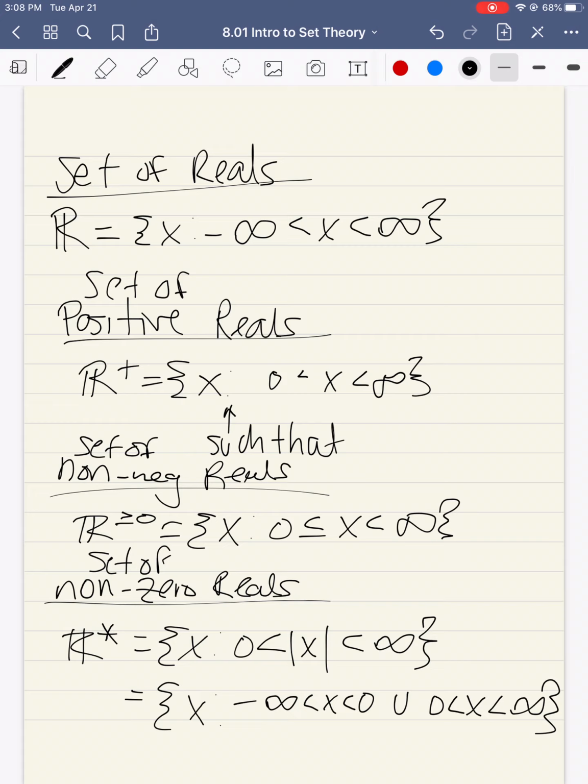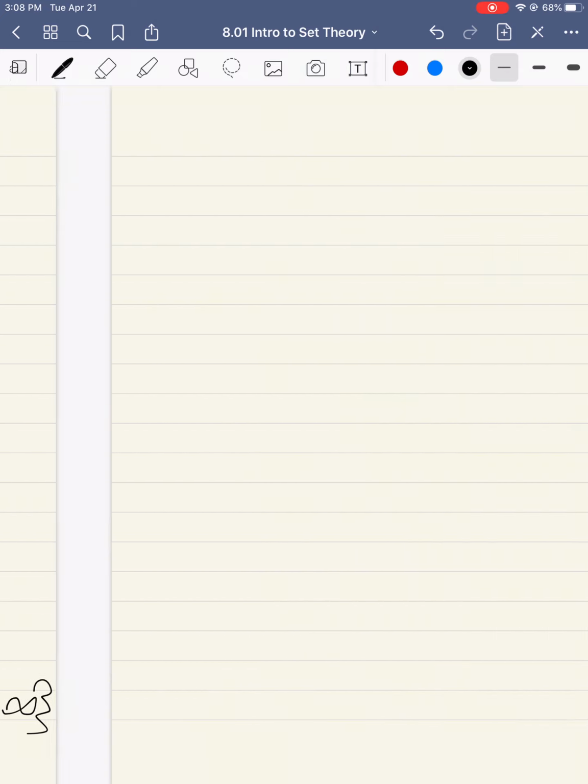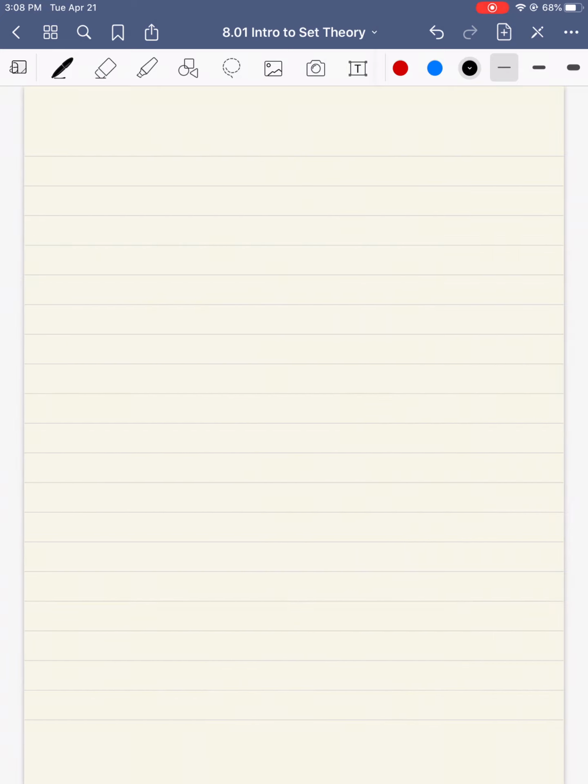So from here, we can continue with some more definitions, and a lot of these are going to follow directly from logic, like the symbolic logic that we use in the beginning of quarter 4, but using them in terms of sets. So again, this day will just be full of definitions.